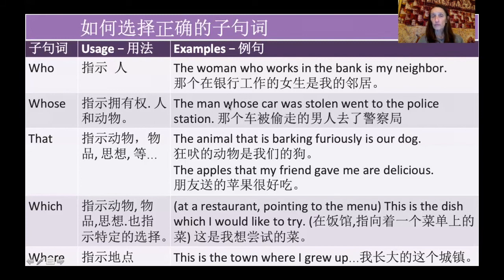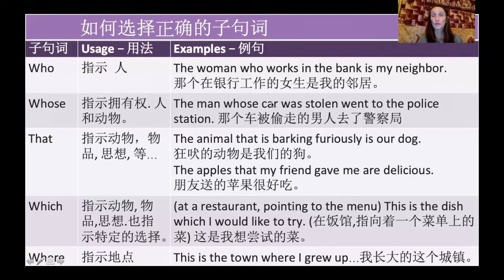The man, okay, so here's possession. Whose car? It's his car. The man's car, the car that the man owns, his car was stolen. The man went to the police station. The man's car was stolen. Two related ideas, right?